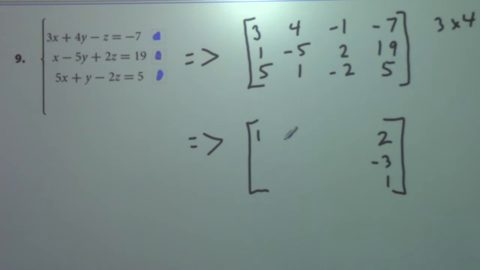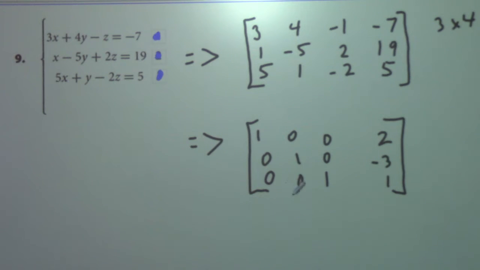So we have 1, 0, 0, 0, 1, 0, and finally 0, 0, 1. And what this means is that we have 1x plus 0y plus 0z equals 2, 0x plus y plus 0z equals -3, so y equals -3, and finally z equals 1.